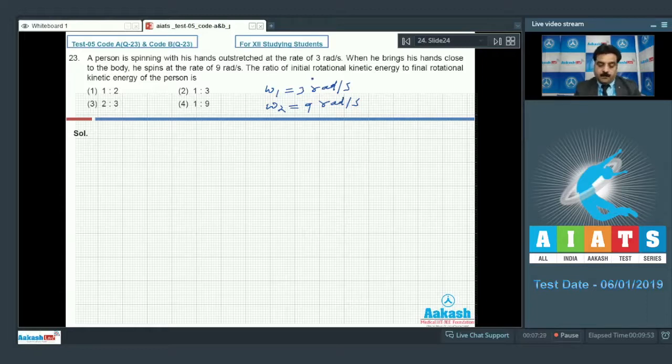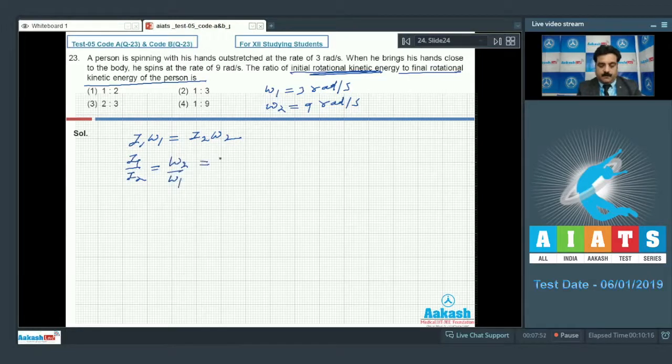Find the ratio of initial rotational kinetic energy to final rotational kinetic energy of the person. First, because there is no external torque, we can use the law of conservation of angular momentum, I1 omega 1 = I2 omega 2. So if I go for I1 upon I2, it will be omega 2 upon omega 1, that will give you 9 upon 3, means 3 upon 1.